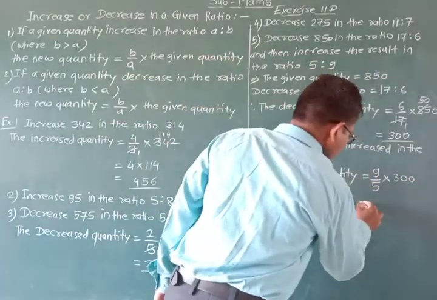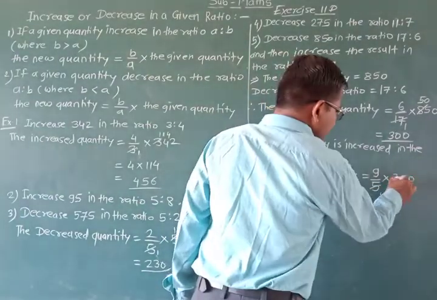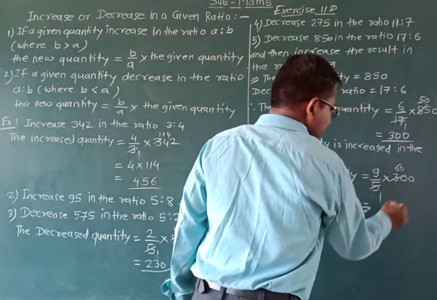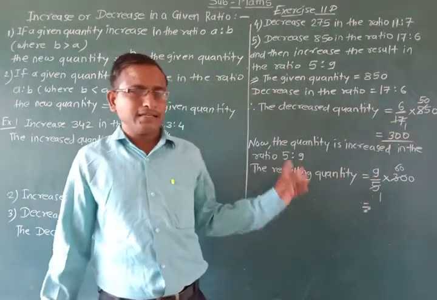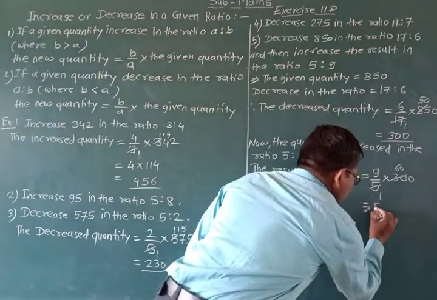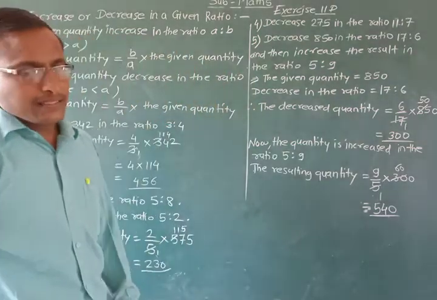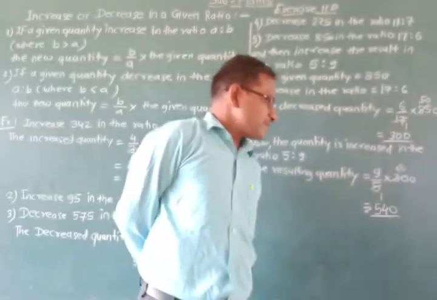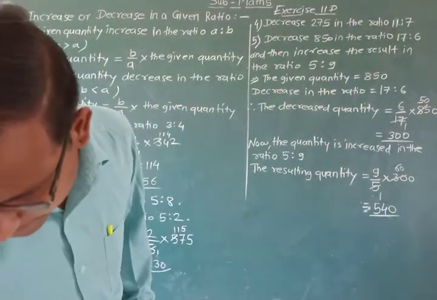Then again you simplify. 5 divides 30 possible: 5 1s are 5, 5 6s are 30, 0. Then 9 multiplied by 60. 9 6s are 54, and 0. So your answer here is 540. This is the answer.